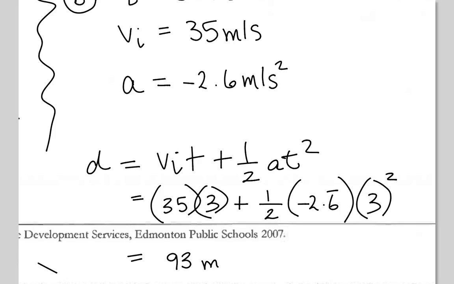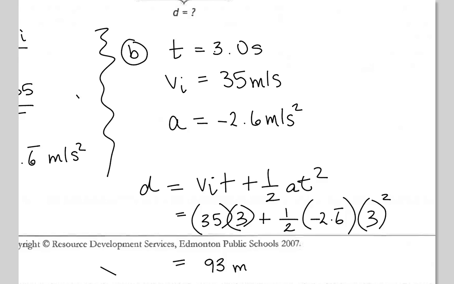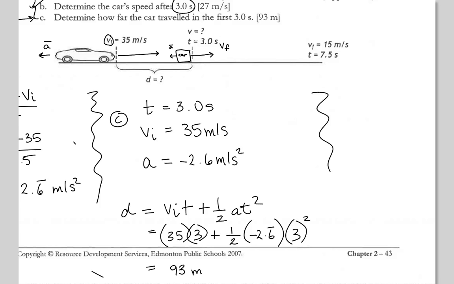Okay, so part C we've solved. So we can erase that, put a C. And if you look at part C, it says determine how far, so I didn't put any direction. Now let's go ahead and solve for part B. It says determine the car's speed after 3 seconds.